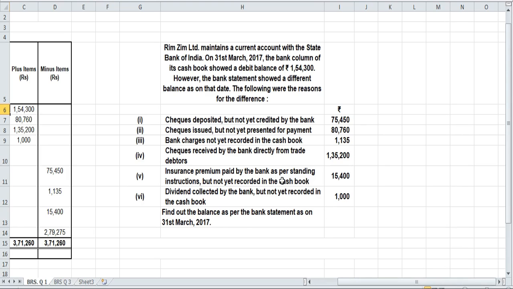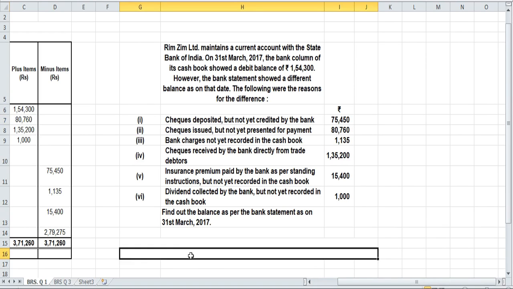So here if you see question number 1, it says checks deposited but not yet credited by the bank. So here the check is deposited but not yet credited by the bank. Let me write here, just for your understanding. In the cash book, what we have done is it is going up, that means we have deposited.